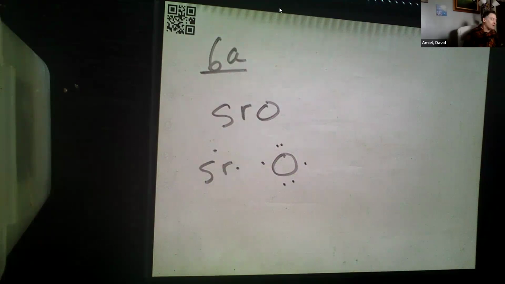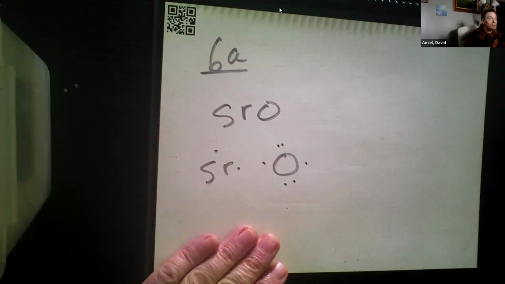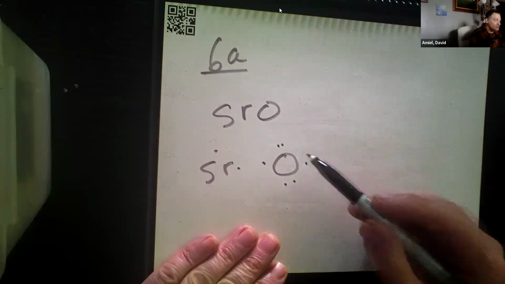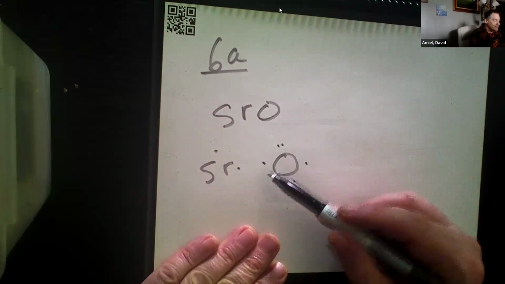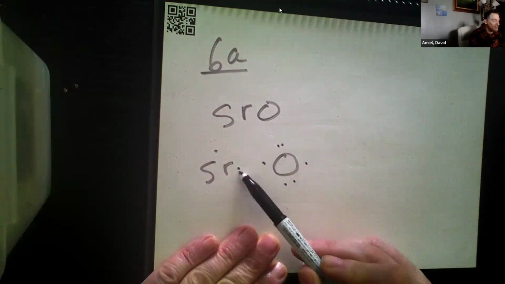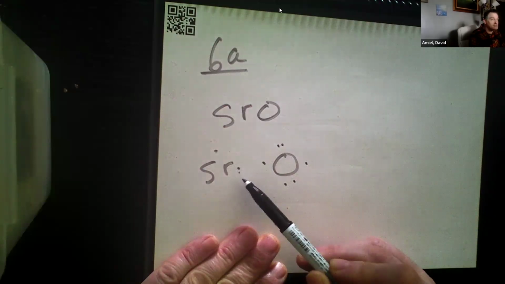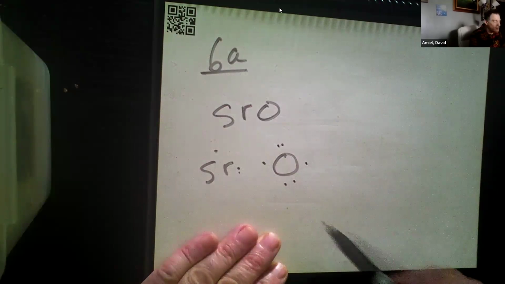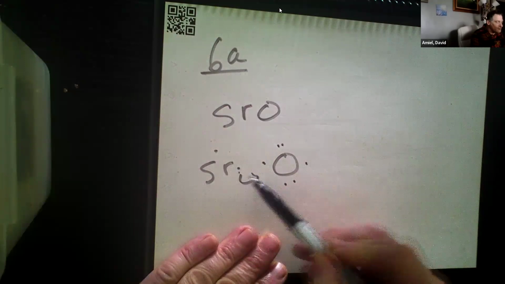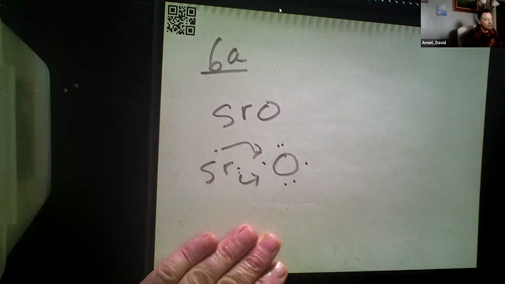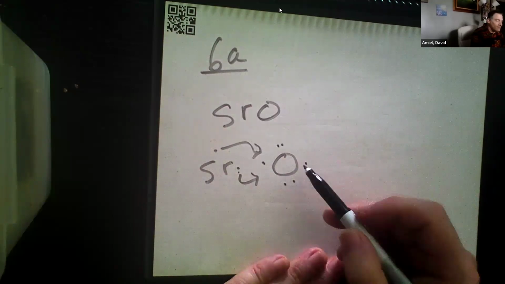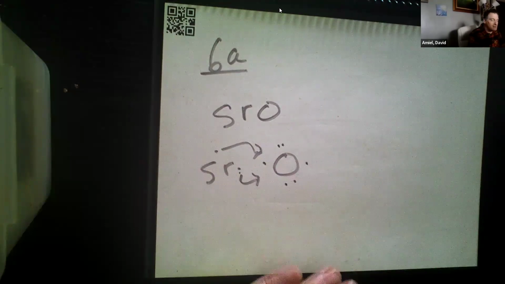And now let's see, how can we give everything an octet? We see here 2, 4, 6. So if strontium donates both its electrons to oxygen, now this is an ionic compound, the electrons are transferred, both atoms will have an octet.